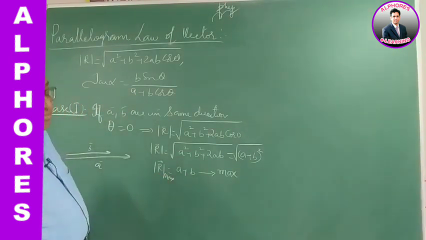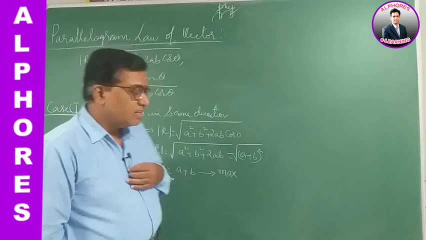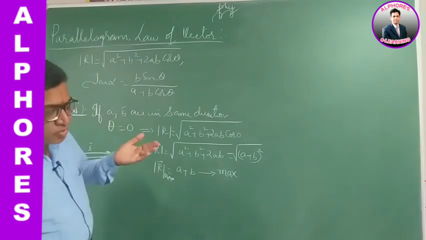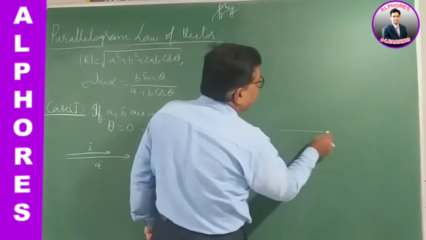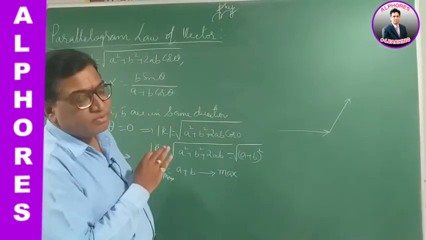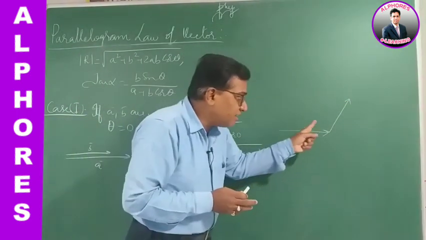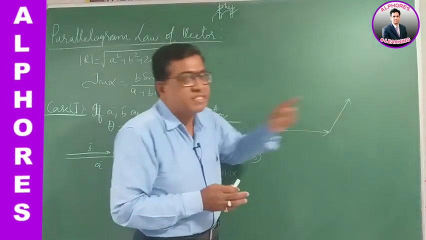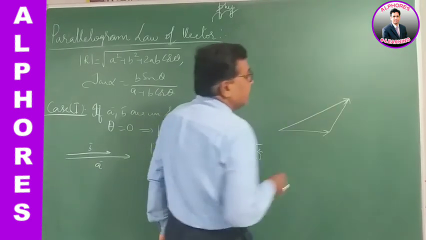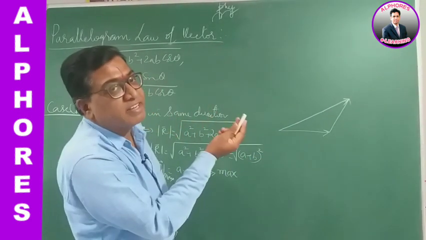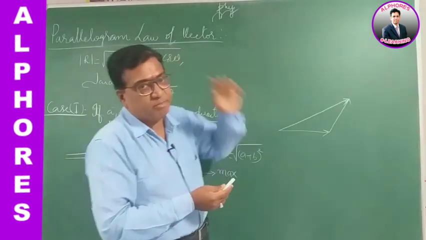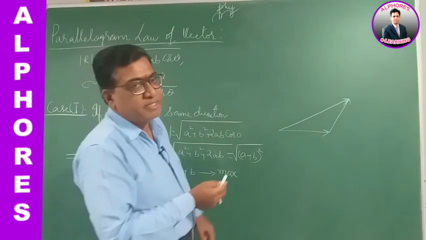A plus B. Then how about the direction of the resultant vector? Already A bar is in this direction, B bar also is in this direction. According to the triangle law, if two vectors are represented as two sides of a triangle taken in order, meaning the head of the first vector is connected to the tail of the second vector, then the closing side of the triangle, taken in the reverse order, that is the line joining the initial point to the final terminal point of both vectors, represents the resultant vector.